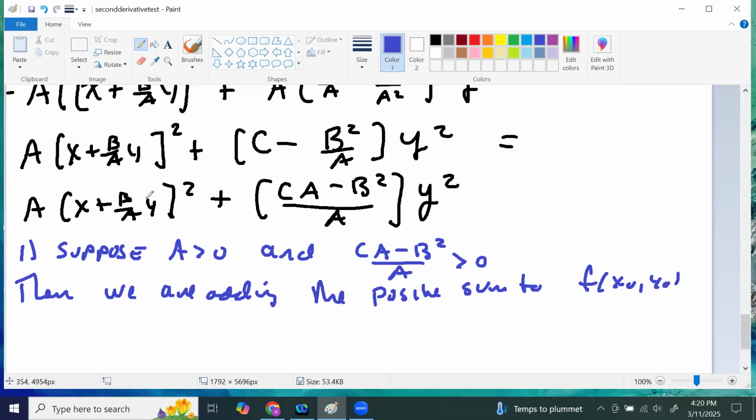So this part is positive and this part is positive. If we're adding something positive when we move away from (x naught, y naught), this means that (x naught, y naught), whatever that is, is a local minimum.